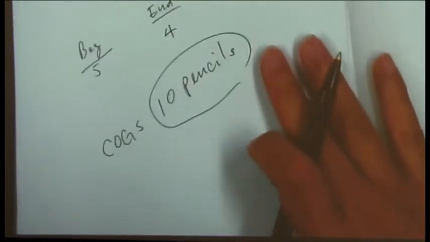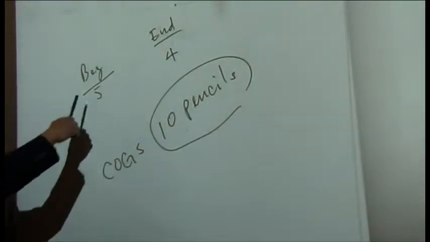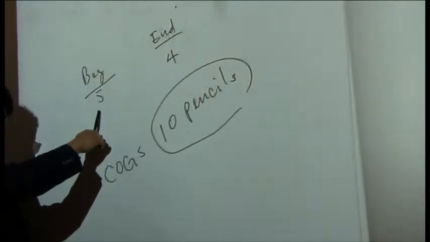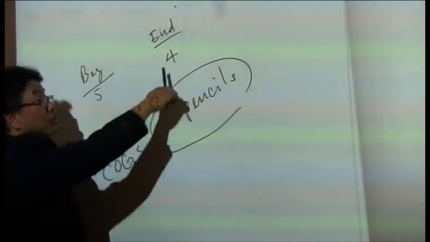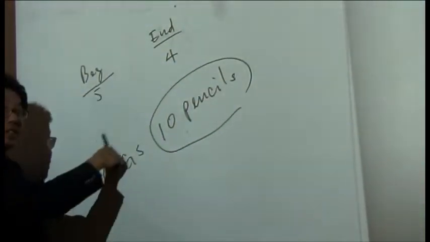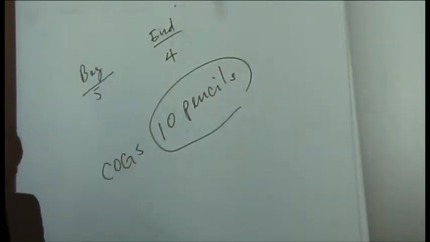I'm just talking about quantity. She had beginning how many pencils in her possession? 5. At the end, after all she sold, she found she has 4 pencils left. Her income statement told her that she sold 10 pencils during the year.